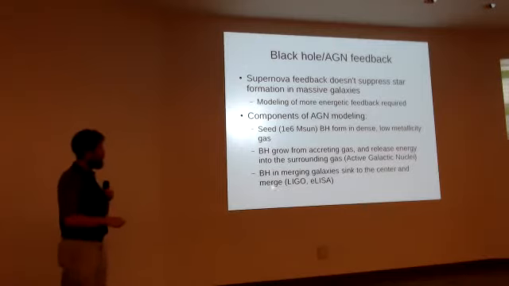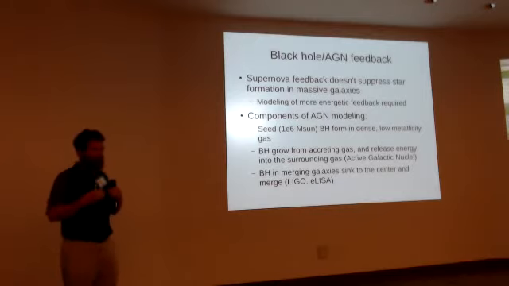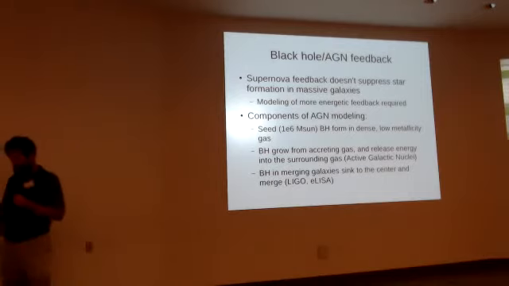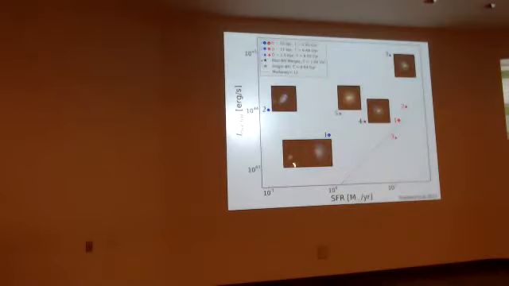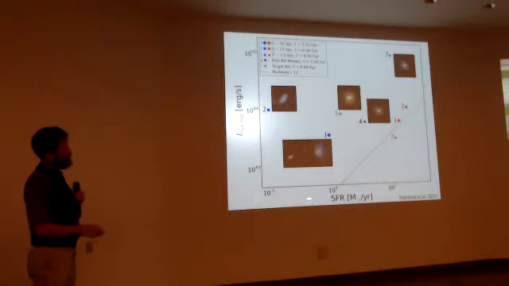And even with that, Michael introduced a dynamical friction formula to help the black hole sink to the center of the galaxy and merge. And the power of doing that is that we can actually follow mergers. For this example, we're looking at the star formation rate versus the black hole luminosity in this pair of galaxies that merge.